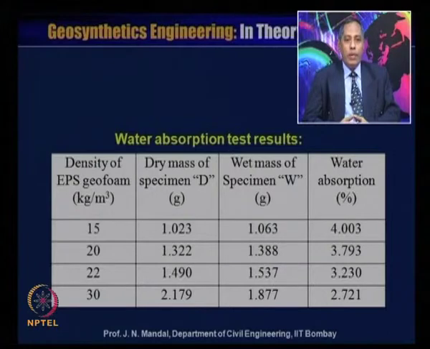Now, when the density of the EPS geofoam is 20 kg per meter cube, the dry mass of the specimen D is 1.322 gram, and the wet mass of the specimen W is 1.388 gram. So, water absorption is 3.793%, which we have shown you in the calculation for the 20 kg per meter cube density of the geofoam.